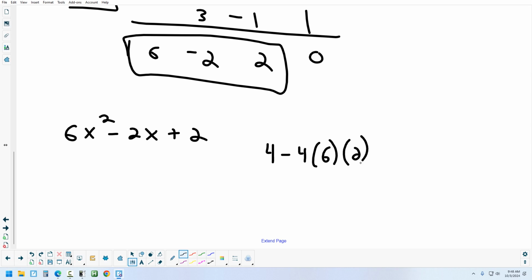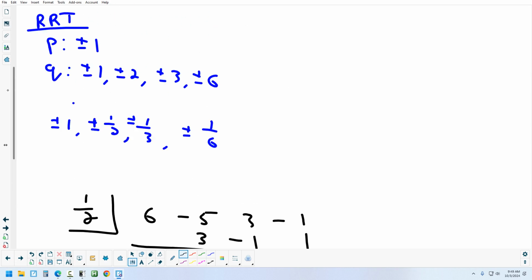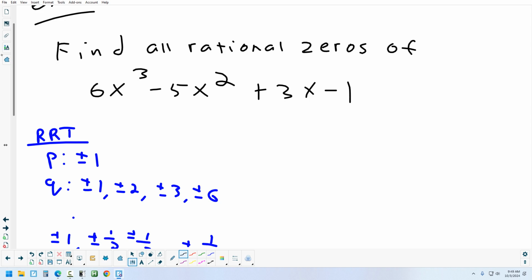So now, if this was next week, I would have us continue and find the imaginary answers using the quadratic formula. But because b squared minus 4ac comes out less than 0, that's the part that's under the square root. The directions didn't say to find the imaginaries. It specifically said find rational zeros.